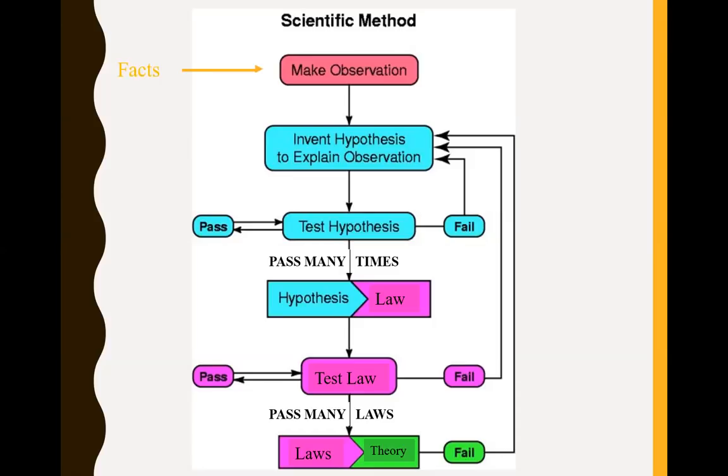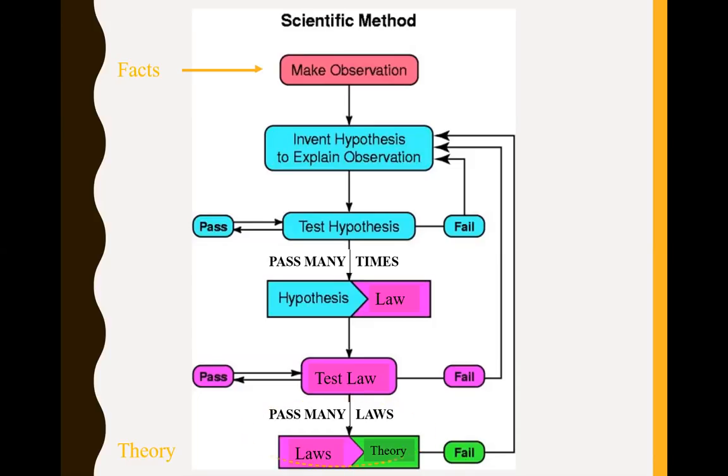So facts are here near the very top of the process, the very inception point of the process. Theories, though, they're down here. Basically, they're at the bottom of this process. And what I want you to notice is that theories have undergone rigorous testing. They might still be wrong, but they have undergone rigorous testing.